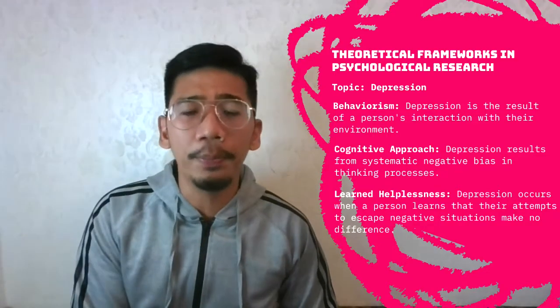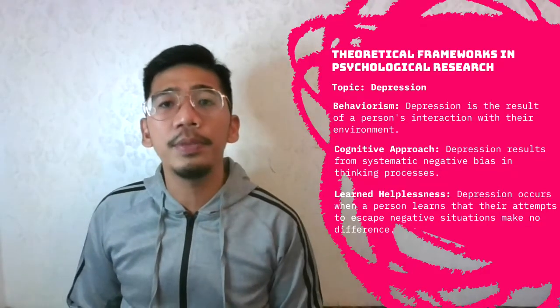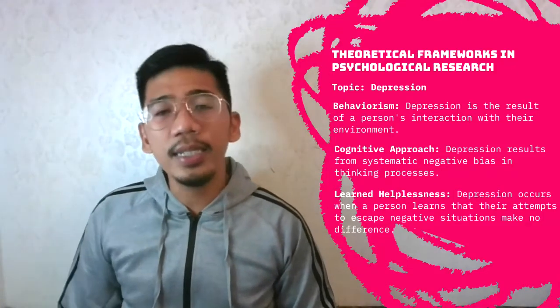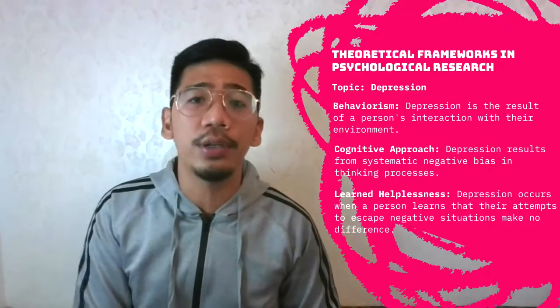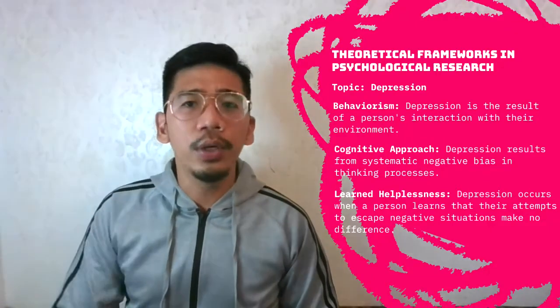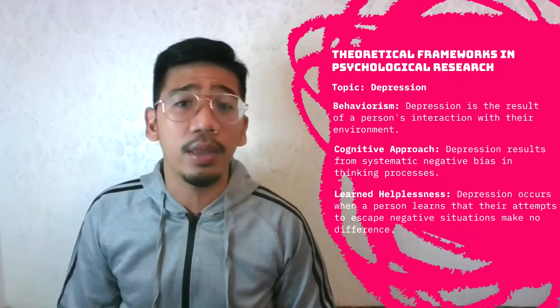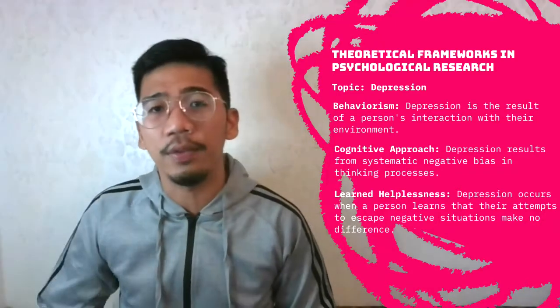The cognitive approach also assumes changes in thinking come before the onset of depression. Lastly, Martin Seligman in 1974 proposed a cognitive explanation of depression called learned helplessness. According to this model, depression occurs when a person learns that their attempts to escape negative situations make no difference.